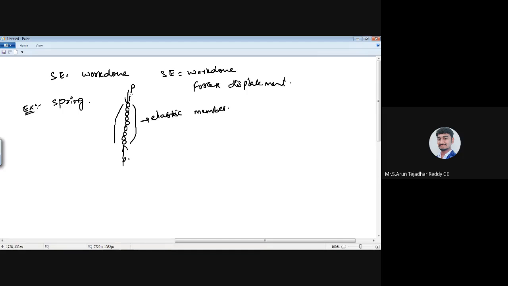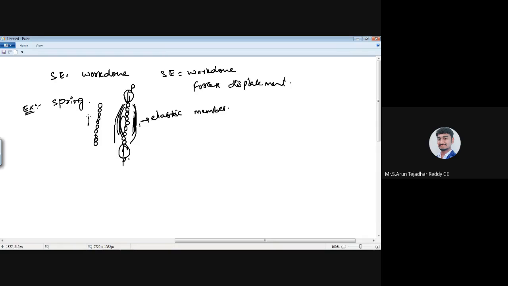After that, when we remove these loads, then your spring will again get its original shape. So due to applied load, the spring will get deformed. It means it changes its shape. When we remove these loads, top and bottom, then your spring will get original shape.